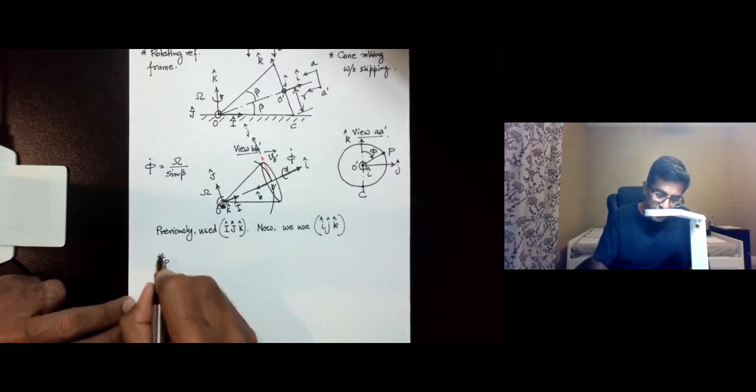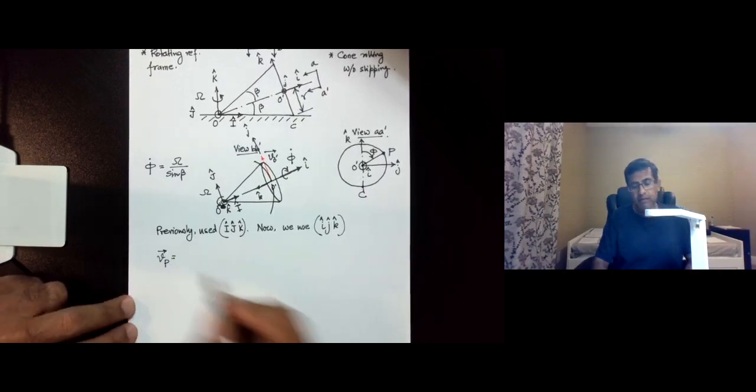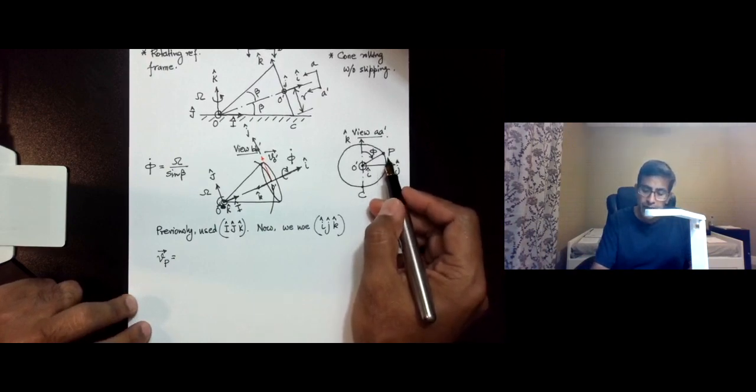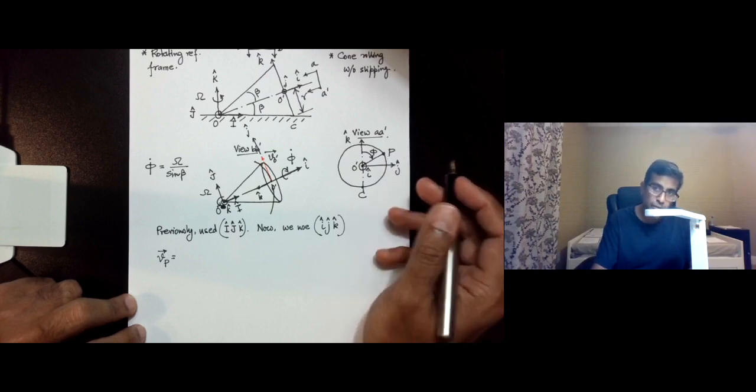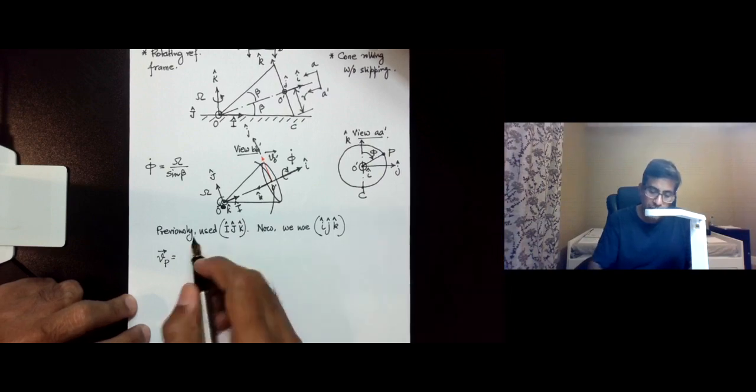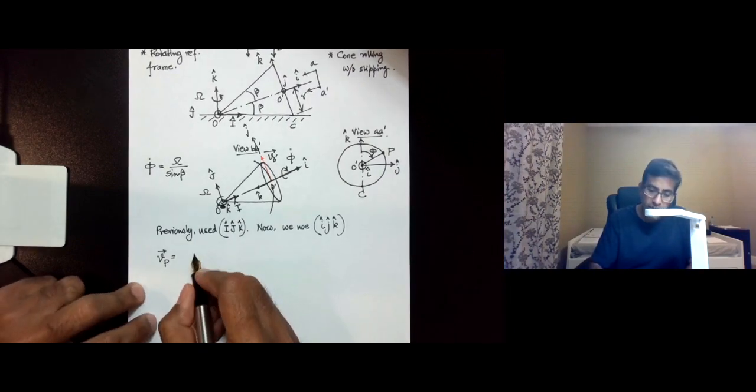So the goal is to find VP, and we know that if I can express the velocity of a point on a rigid body with respect to the velocity of another point on a rigid body, then we have some very specific results there.